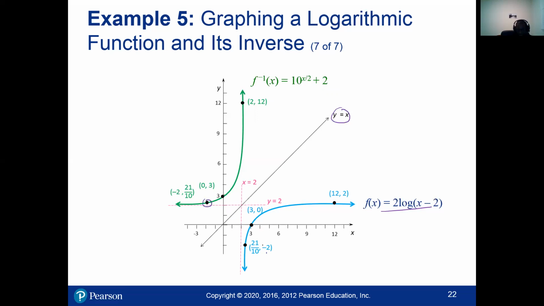And then this point, which is 3, 0, becomes 0, 3. That is this point. And then that point, which is 12, 2, becomes 2, 12. Then what happens? The vertical asymptote will switch, becomes a horizontal asymptote for the exponential, the inverse function, which is the exponential.